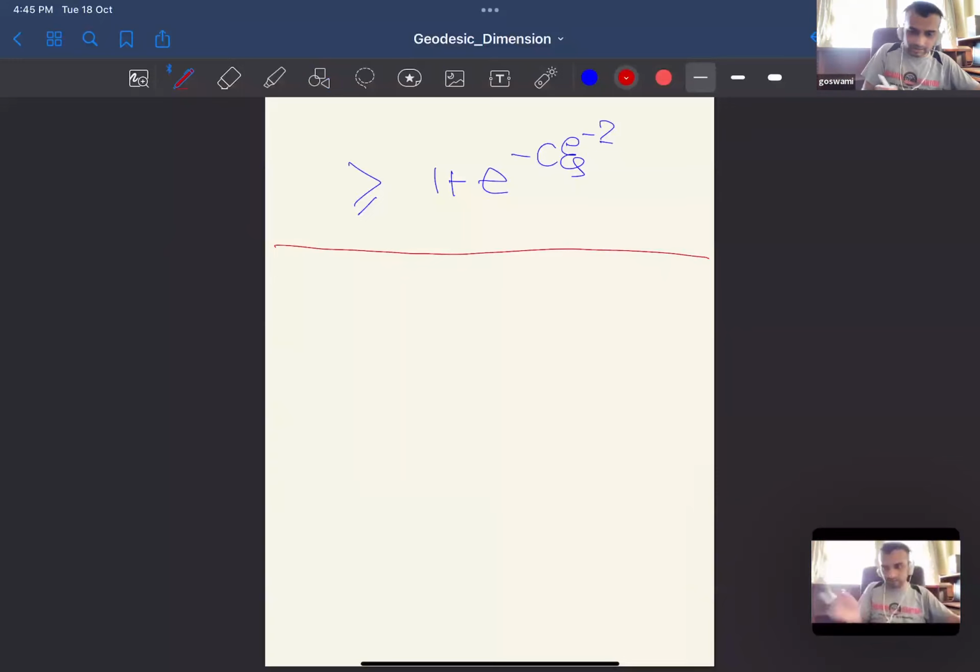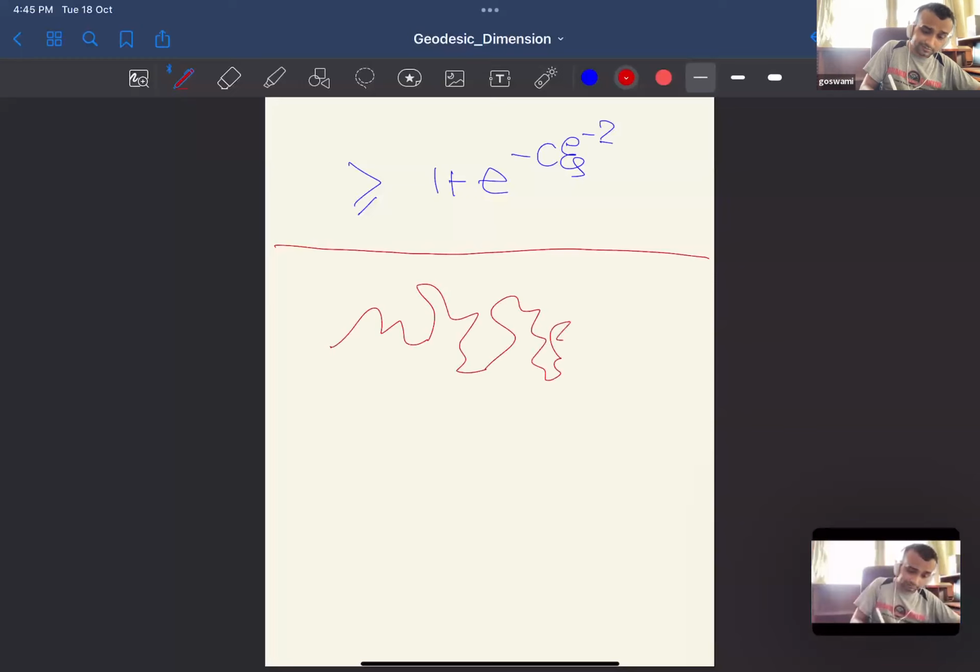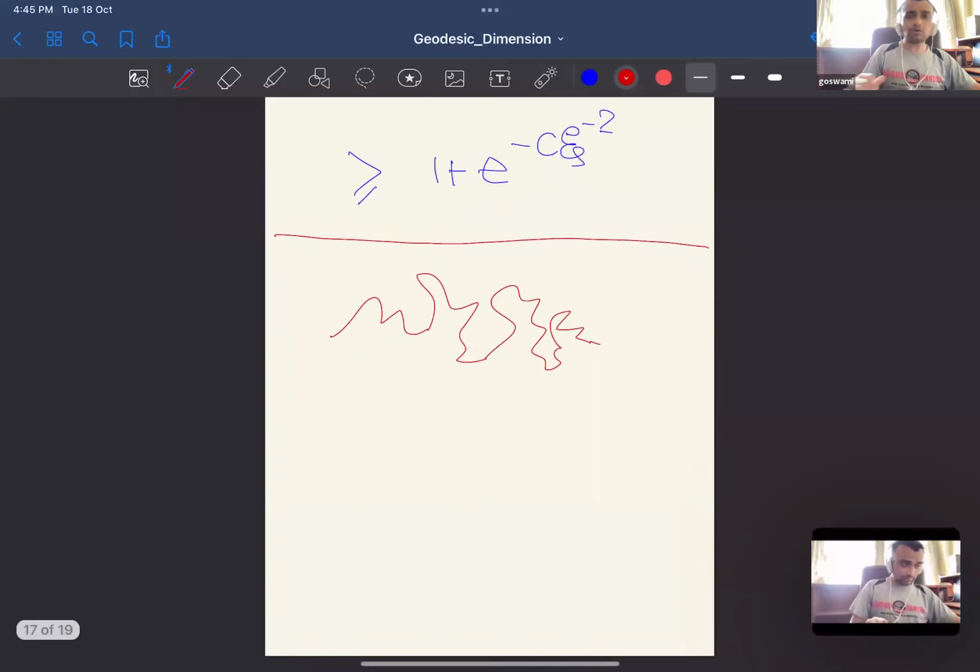Well, the basic picture is that they should wiggle a lot. At least when going from one point to another, it should wiggle at every scale. They're fractal in the correct sense. How to quantify that?